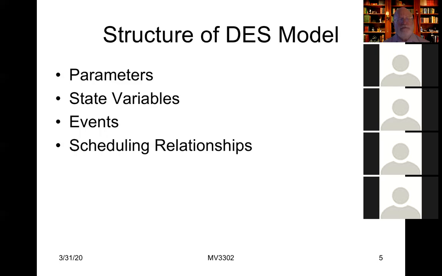And when I say modeler, I mean you. And then events. Although in the beginning it'll be me, but then as we go on, you're going to be responsible for creating discrete event models, designing them, that is by defining all these things: the parameters, state variables, the events, meaning the state transitions, and the scheduling relationships, that is which events schedule other events.